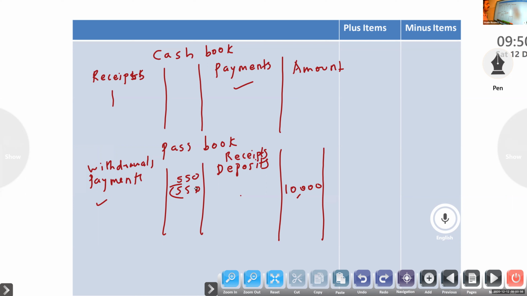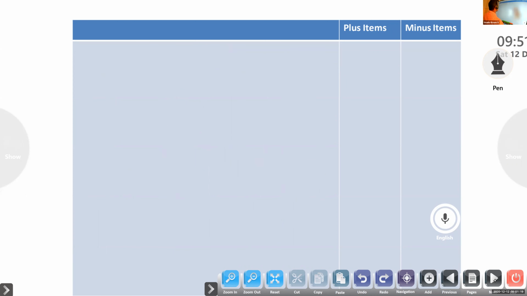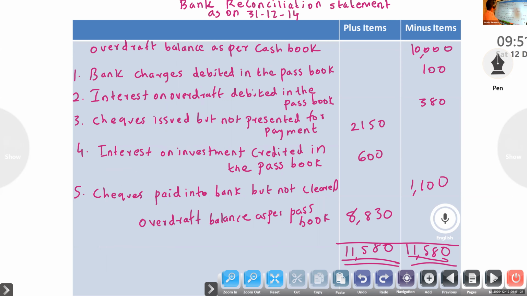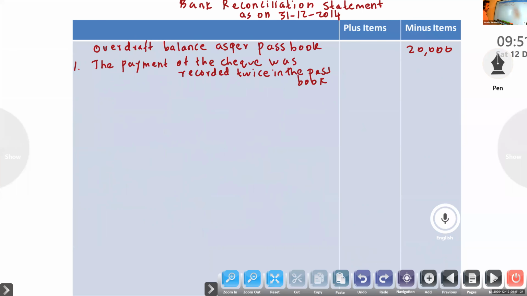Sir, decrease. Decrease, correct. Payment side recorded twice. Suppose deposit recorded twice means passbook increase, but payment side or withdrawal column recorded more means our passbook will decrease. Okay, that you have to think. So passbook decrease, so plus.